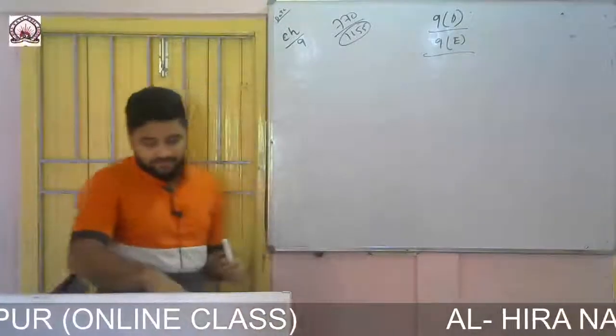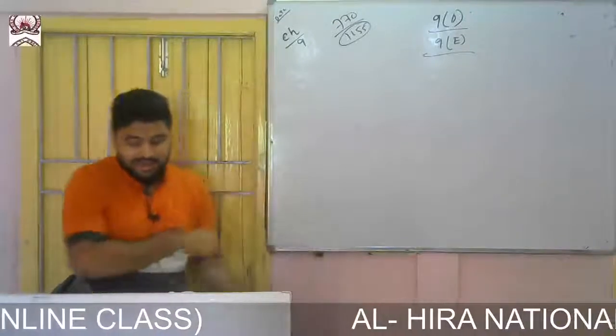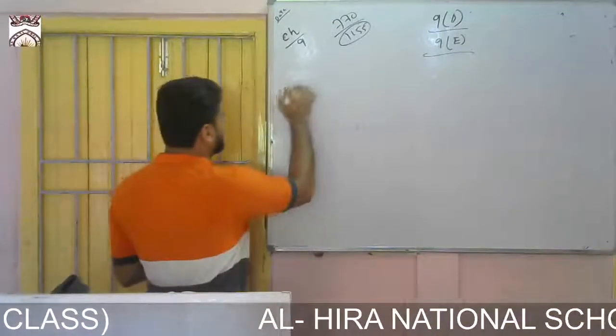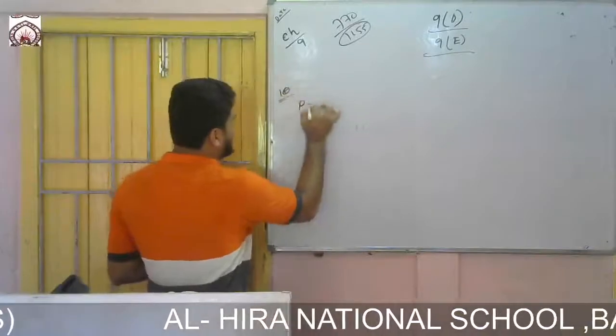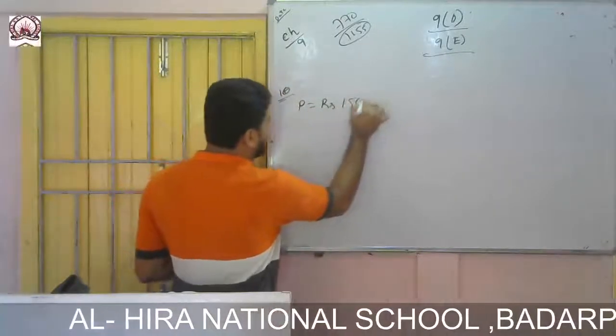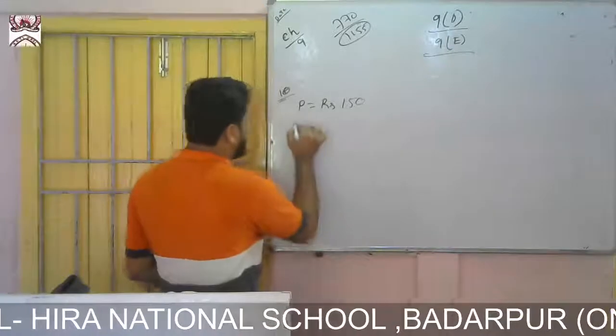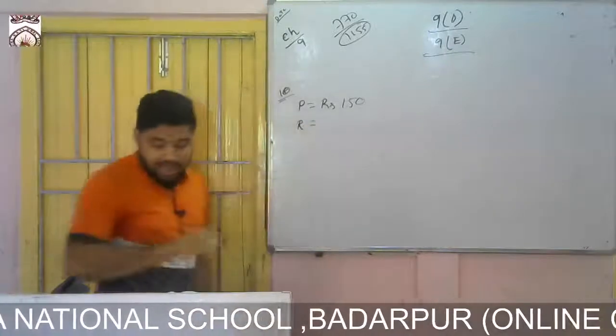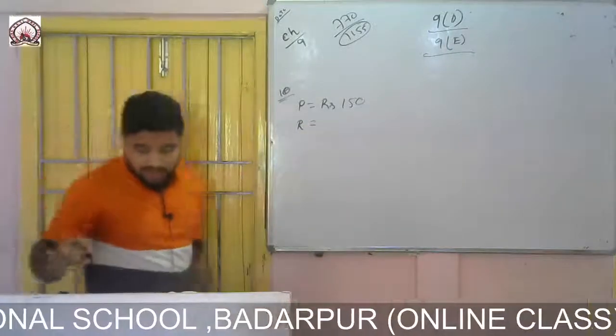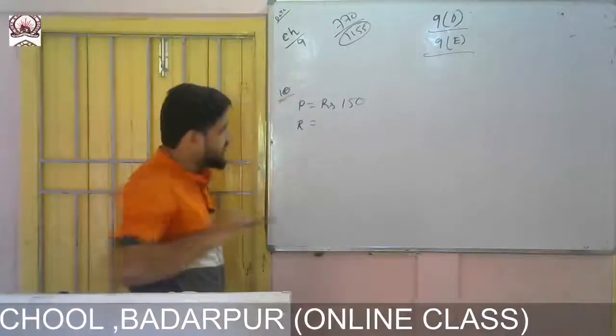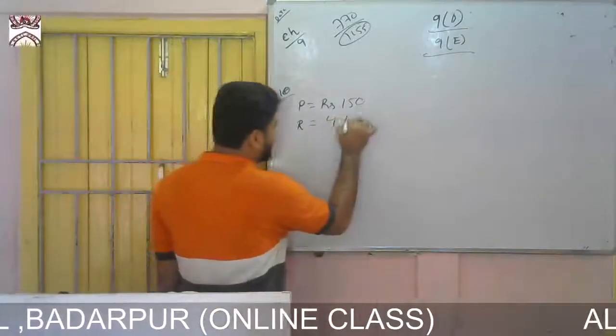Here P equals rupees 150, and R equals 4%.